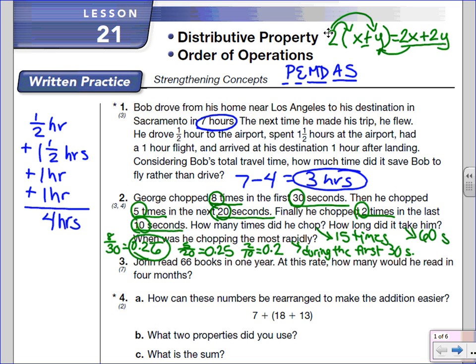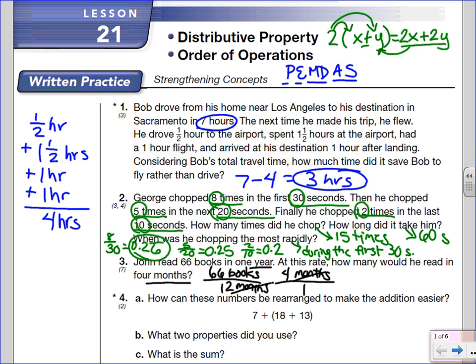John read 66 books in 1 year. At this rate, how many would he read in 4 months? So 66 books in 1 year, we need to have years be in months. So 66 books per 12 months, and then times 4 months that he read, over 1.